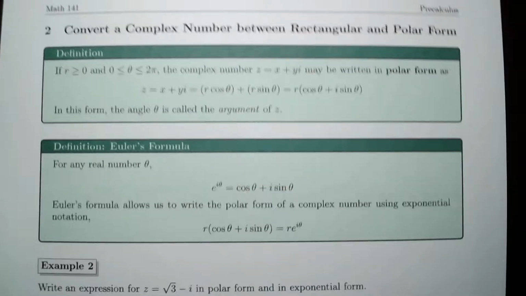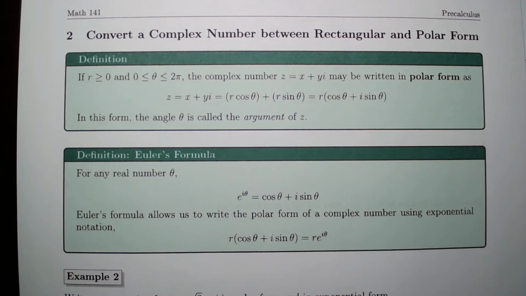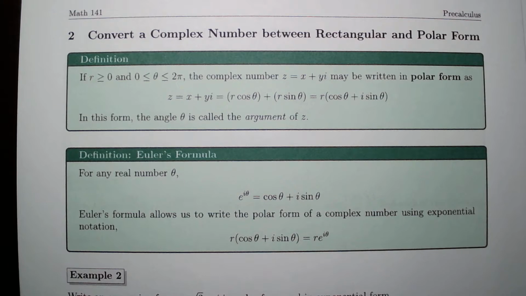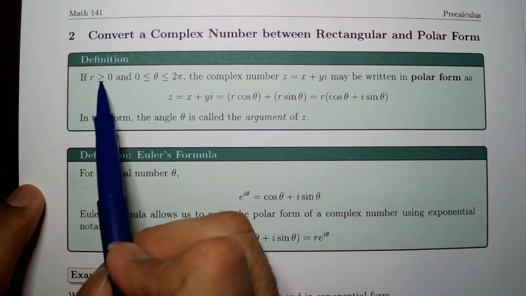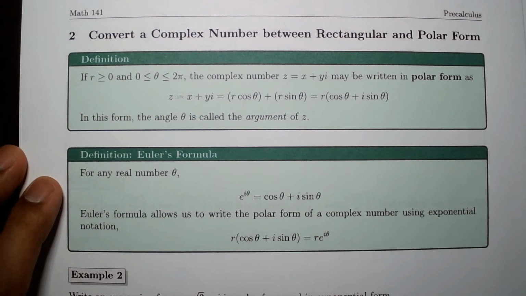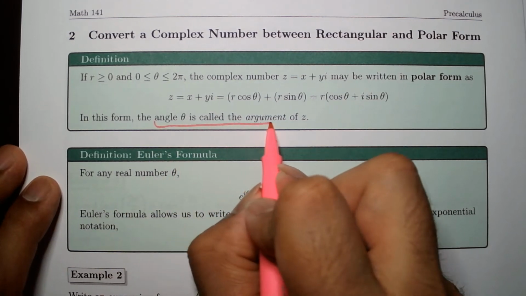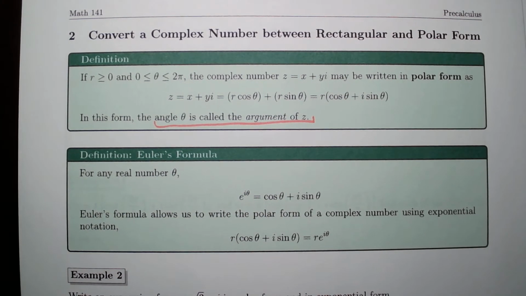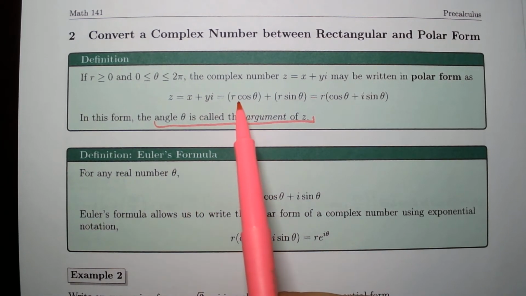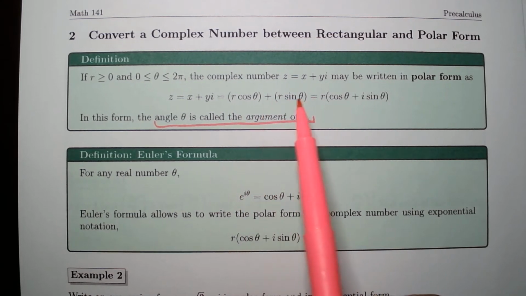Alright, let's do some examples converting complex numbers between the rectangular form and the polar form. Well, all we do is make sure that r is a positive number, and the angle is typically called the argument of the complex number. All we do in this case is replace x and y with their corresponding expressions in the polar plane.